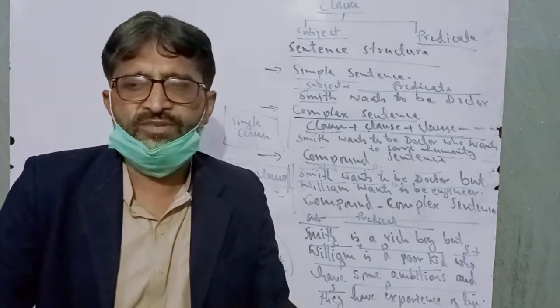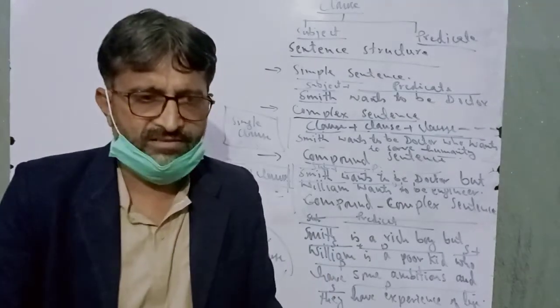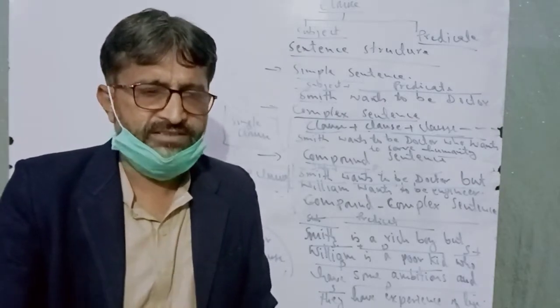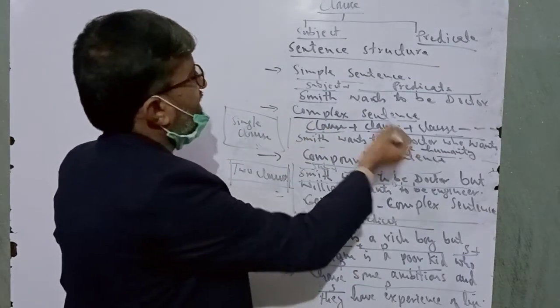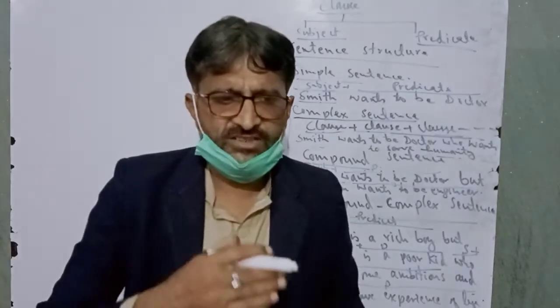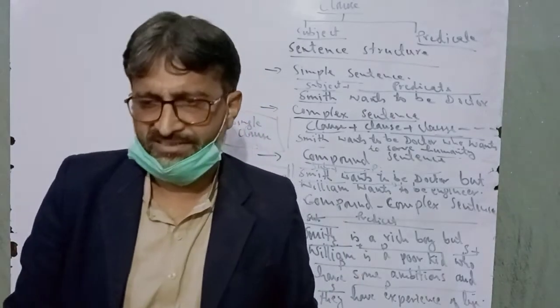So in this way we can write on our own what is required, what feeling the writer can produce. After that we are talking about the complex sentence. We are going ahead, talking about clause structure here.